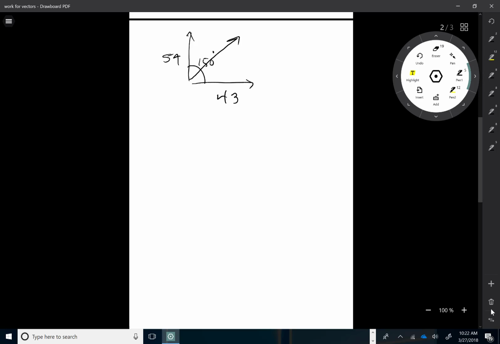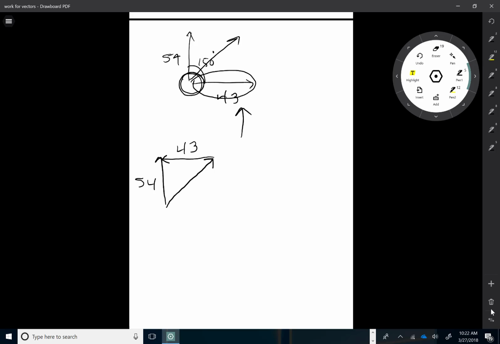See, ours were drawn with these initial values together. When you draw them with the triangles, you have to put the two together this way, so those heads are facing each other. So if we do that, we're really moving this up. So this is 54, this is 43, and the magnitude of the resultant then is this. And you can see that shape up in the graph that you have above it.